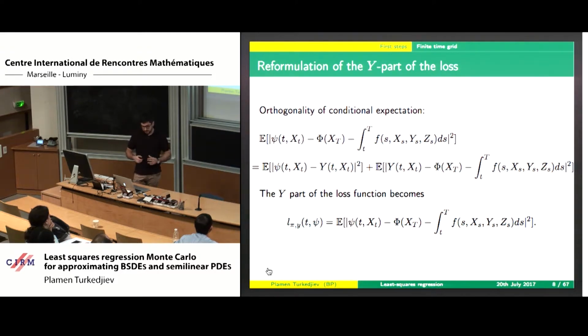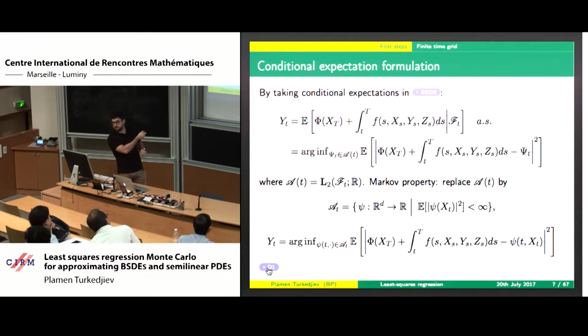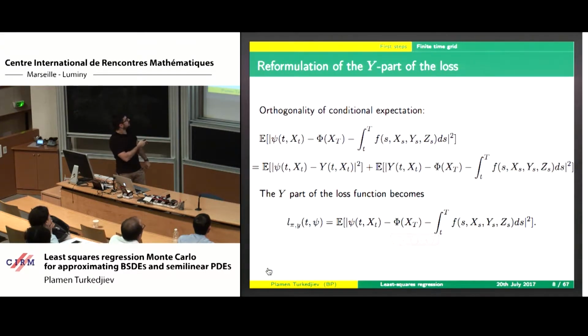Okay, so how can we use this to improve our loss function? If I take any deterministic function psi, and subtract the thing that I was projecting with the conditional expectation on the last slide, I can immediately use the fact that the conditional expectation is a projection to apply Pythagoras' theorem.